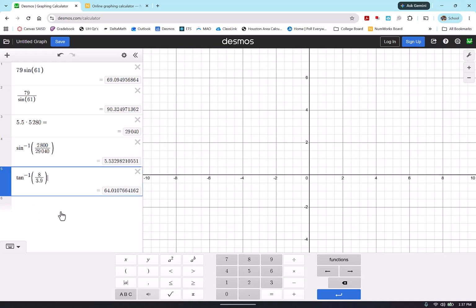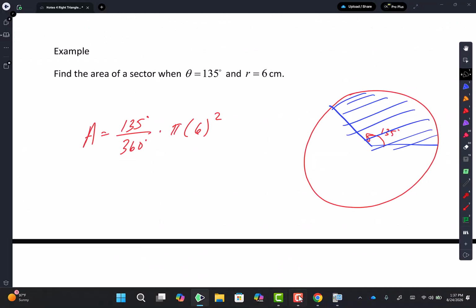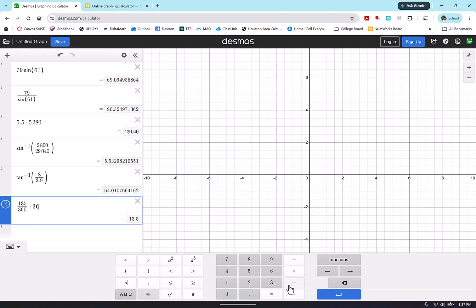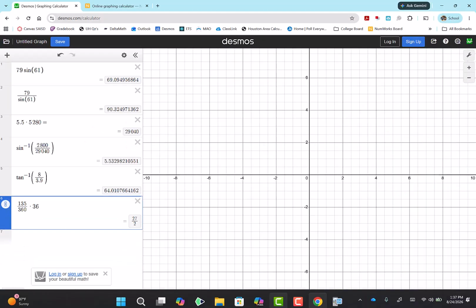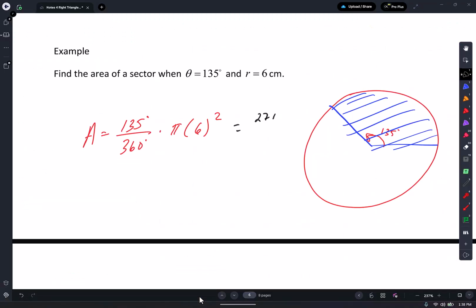Oh, dang it. 135 over 360 times, and I already forgot. 36. Leave the pi alone. Times 36. So turn that into a fraction. There it is. 27 pi over 2, and I need units, square centimeters.